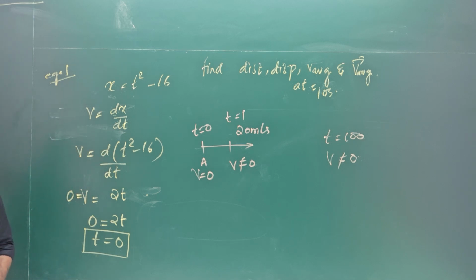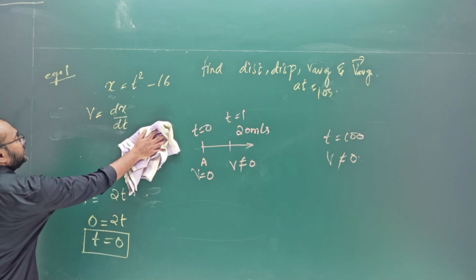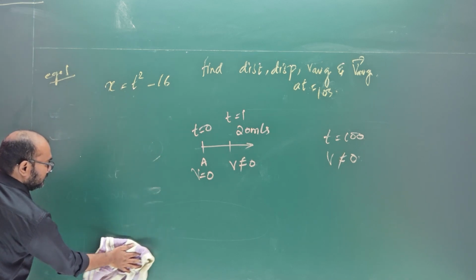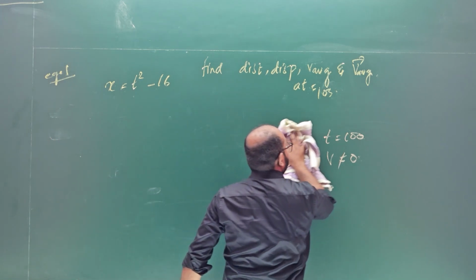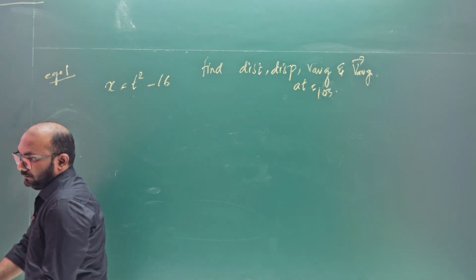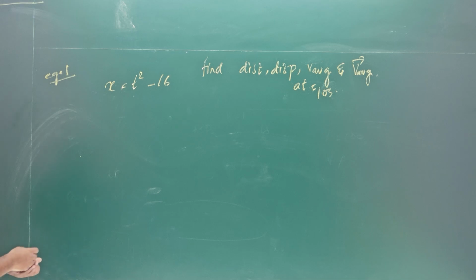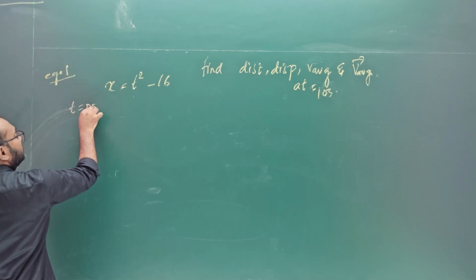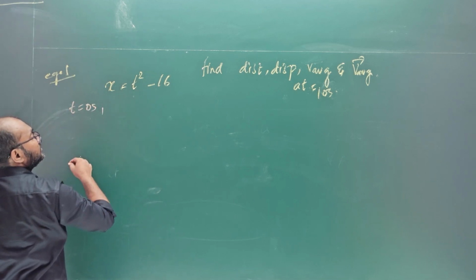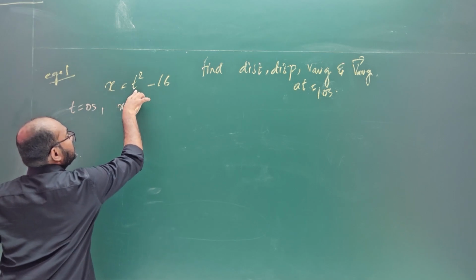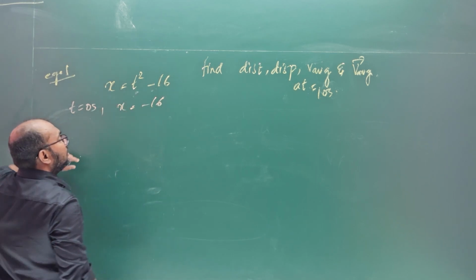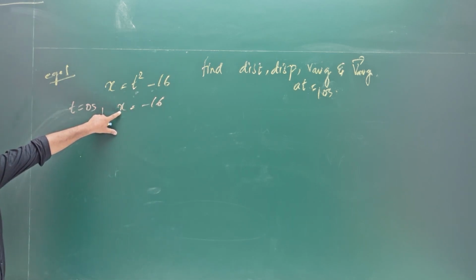Got my point? Now let us try to expand this equation. Let's say at t is equals to 0 second, substitute the value of x. x is equals to 0 minus 16, that means the object is at minus 16 meter.